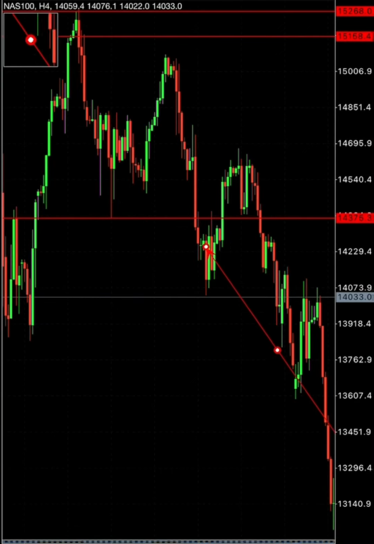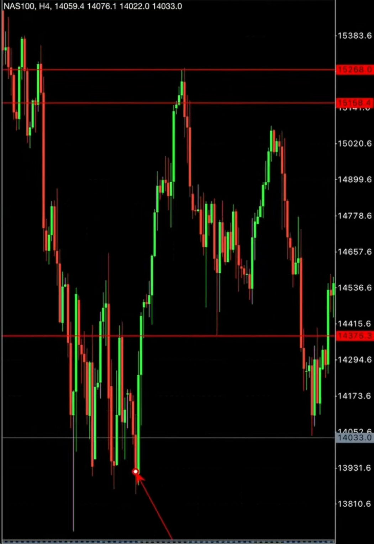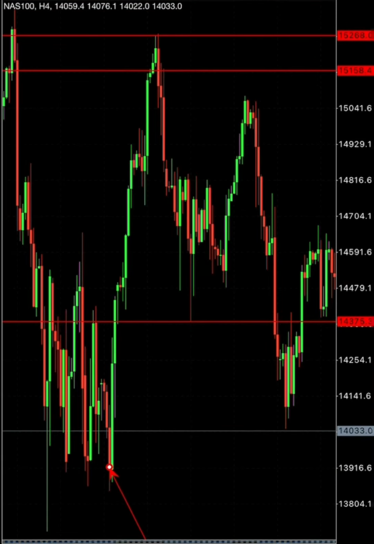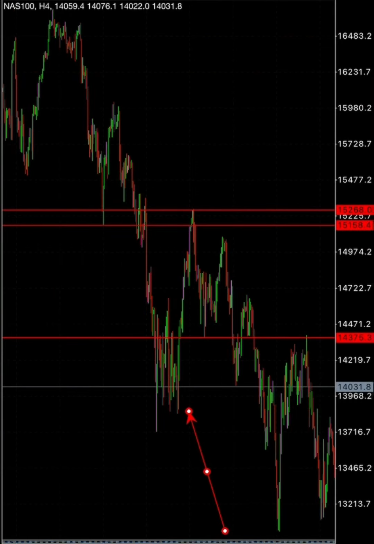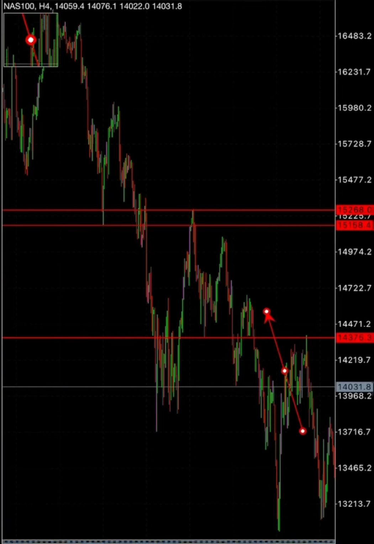Now the previous support level, price has tested it 1, 2, 3, 4 times. So our take profit should be here, entry somewhere around here, then stop loss above.